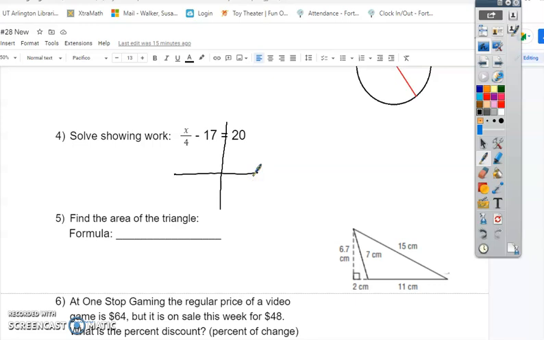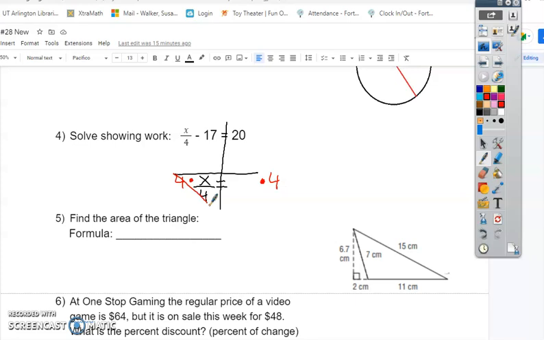Y'all are good with that. Then we'll have x over 4 is equal to, and y'all are going to figure out that number, okay? Remember, this means divide, and to get rid of divide, you multiply. We multiply by whatever we have. We multiply both sides by 4. So we're not dividing to solve this, we are multiplying, okay?